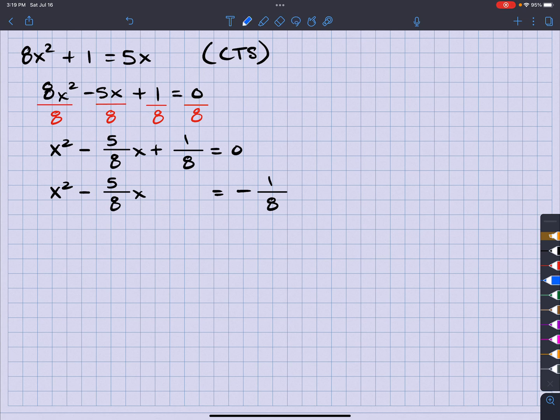All right? So the c is equal to b divided by 2, squared, which in this case is negative 5/8 divided by 2, squared. Actually, I like to usually bring it down to the next line here. So this is going to be what squared?